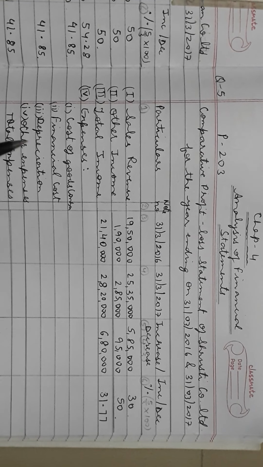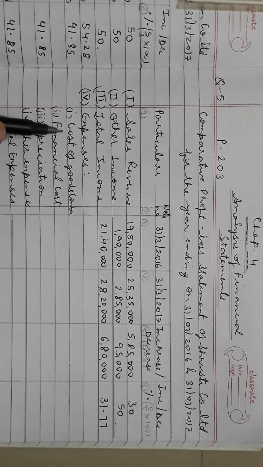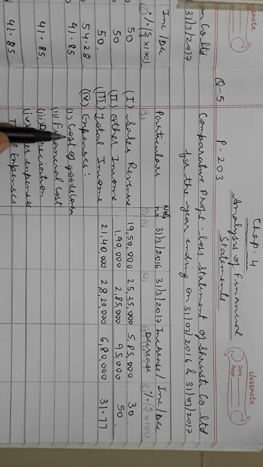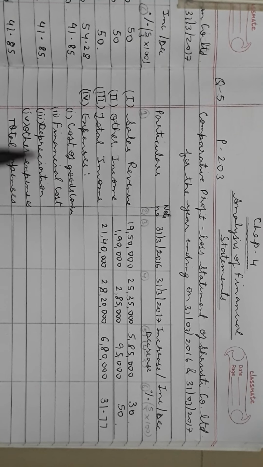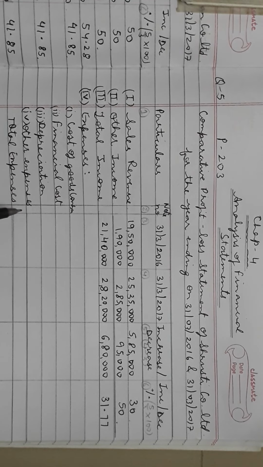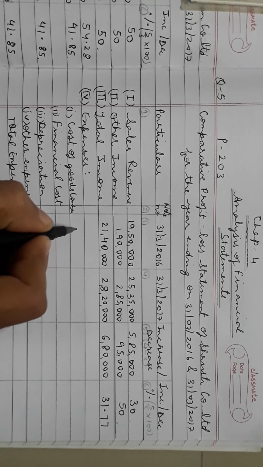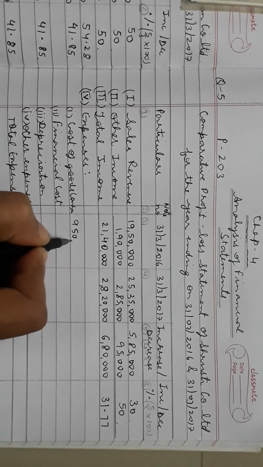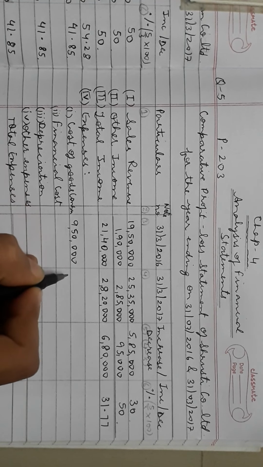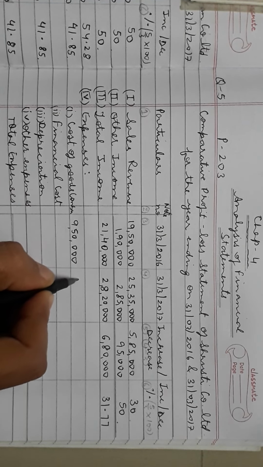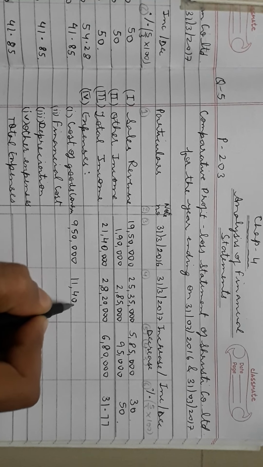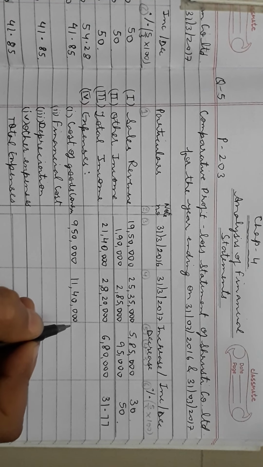Now expenses, this complete format we have to draw first. If any item is not there, you can make a dash in that column. Expenses column, according to the structure: cost of goods consumed, financial cost, depreciation, other expenses are given. So cost of goods consumed for 2016 is 9,50,000. For 2017 it is 11,40,000.